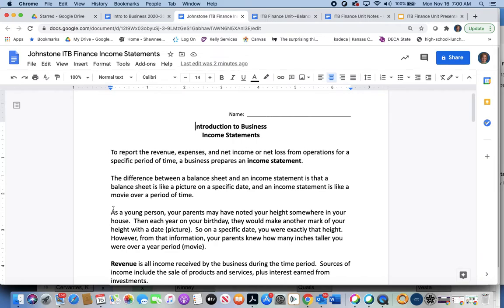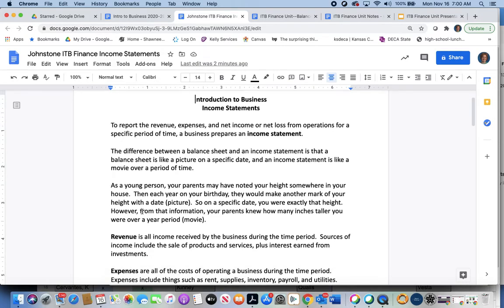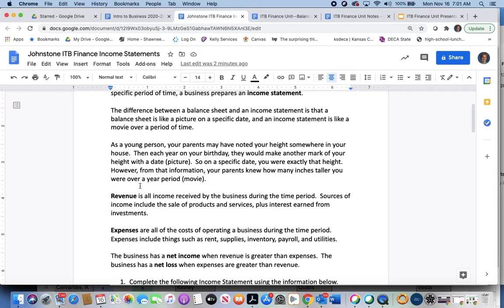So you would have a picture of how tall you were on that specific date. Okay, and I didn't read that very clearly. All right, so let's read that again. I was putting my own little spin on it.